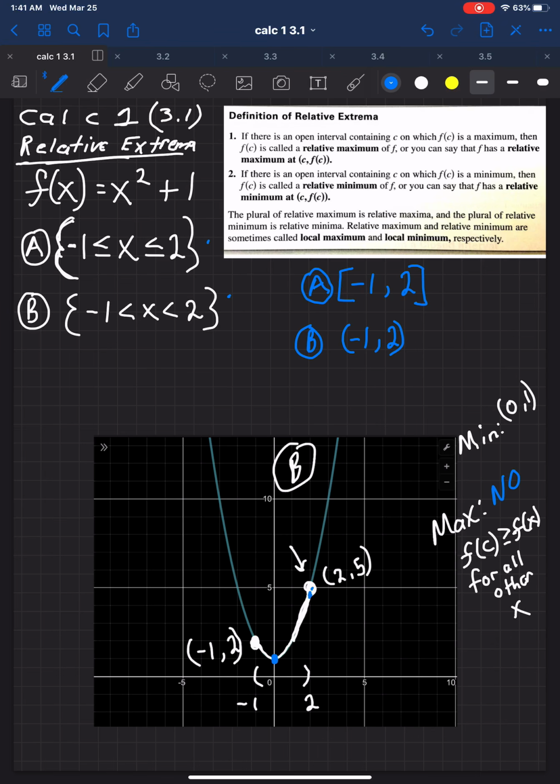Let's go to this definition of relative extrema, and let's hope that we can start to piece all this together.